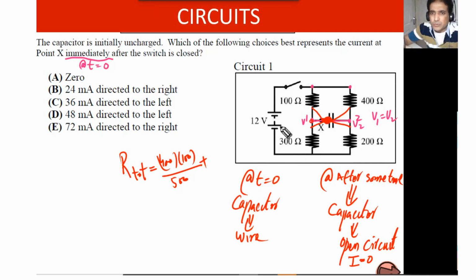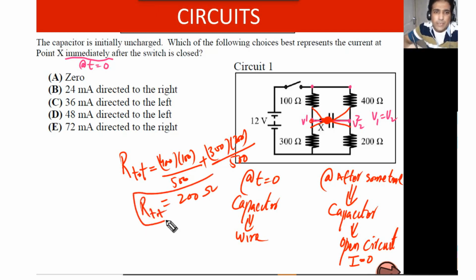We can find the total resistance of this. So this is 300 times 200 divided by 500. Then you can solve this one. If you solve, you will get 200 ohms. So we have found R total.